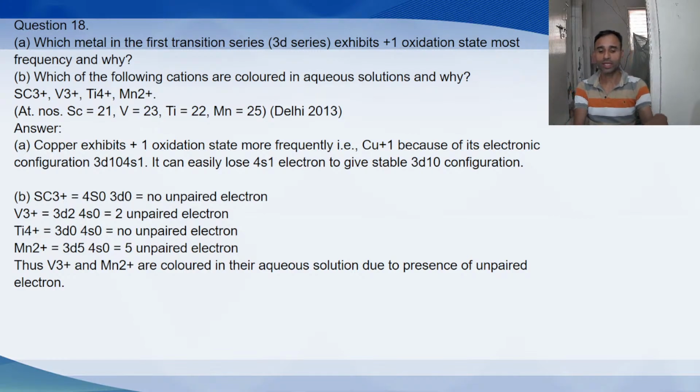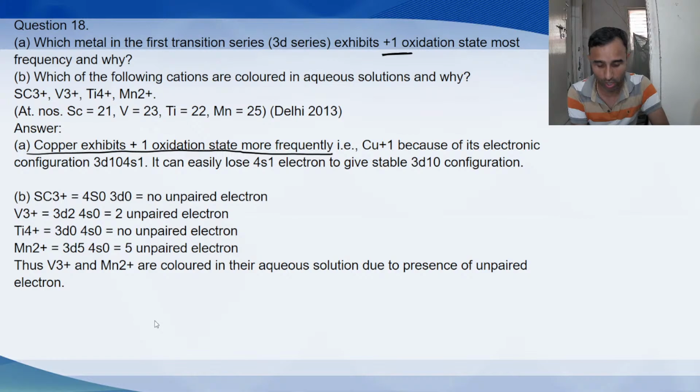Next, which metal in the first transition series exhibits +1 oxidation state? That is only copper. Except copper, no other metal will show +1 oxidation state. Why is it so? Because if you see the electronic configuration of copper, it is 3d10 4s1.